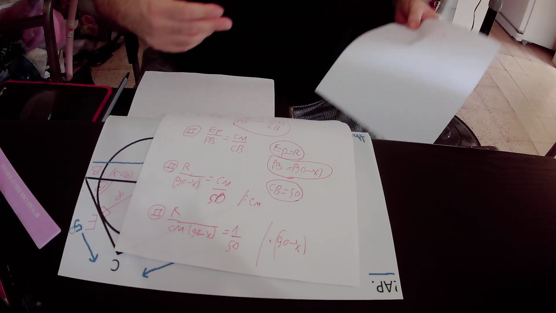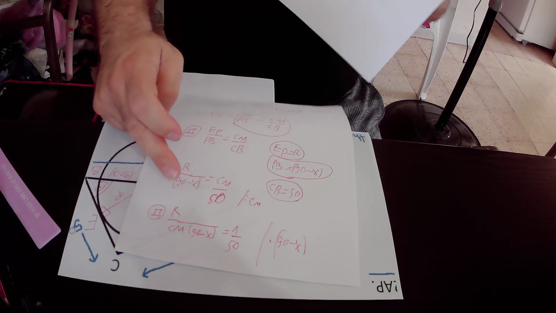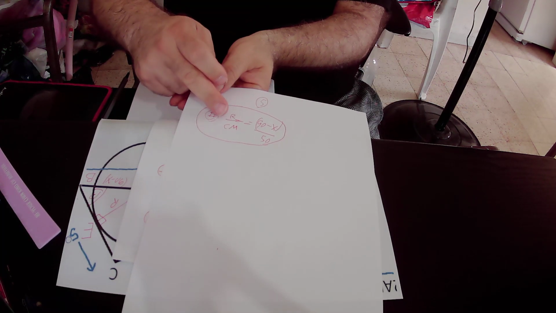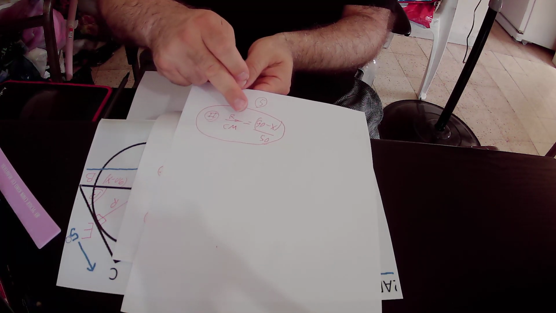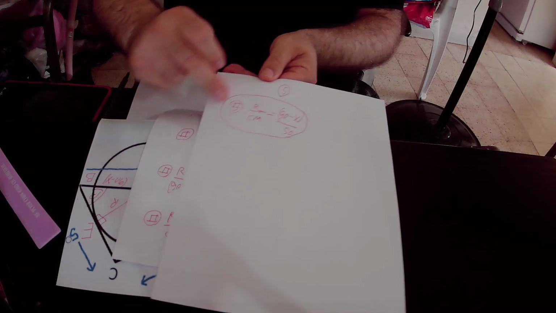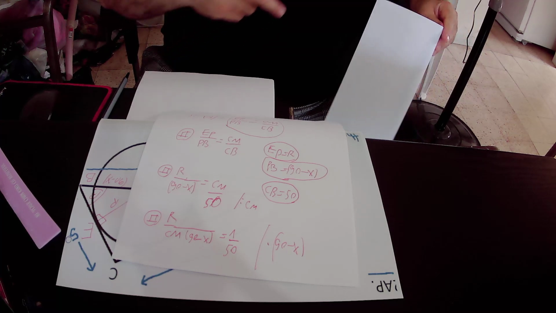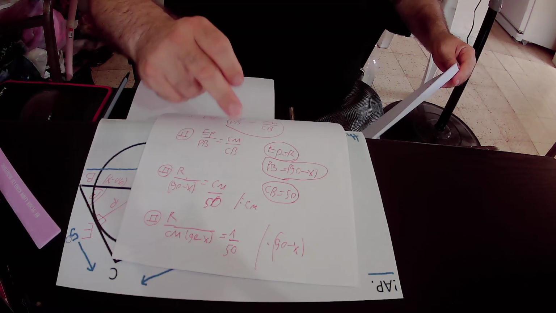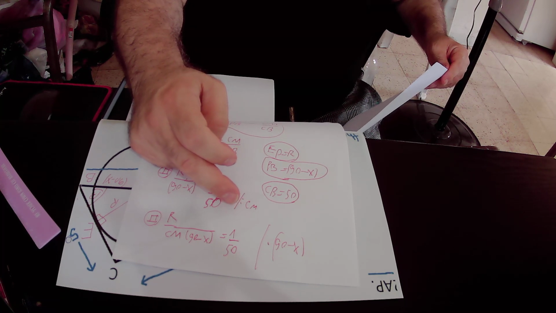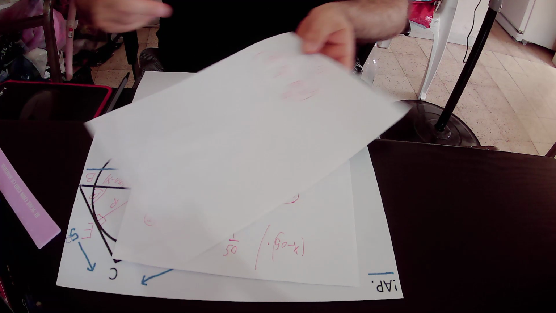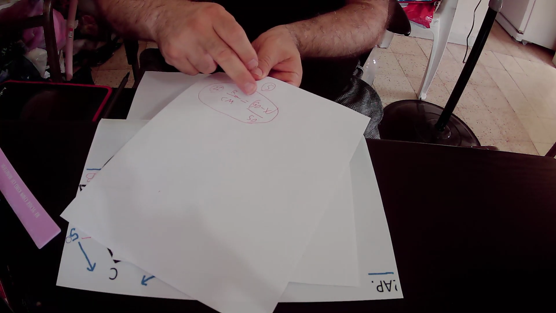So 90 minus x is cancelled, and we are left only with R over CM. And here 90 minus x times 1 over 50 equals 90 minus x over 50.